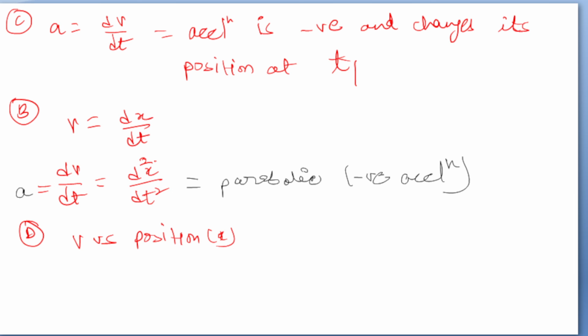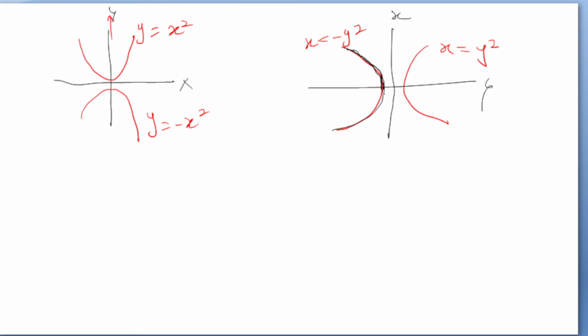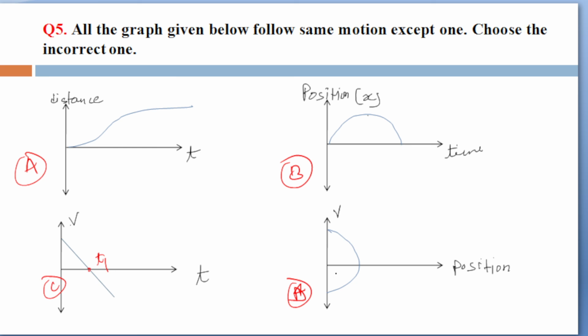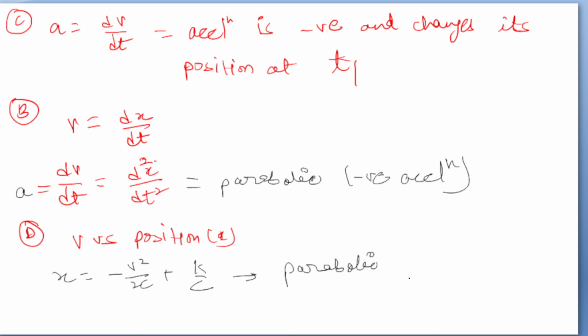The velocity versus position relation, which is v square by 2 times the acceleration, is parabolic and it is negative. So we can see this one is this parabola. It matches with the fourth option, so the fourth option is also correct. This shows the negative acceleration.